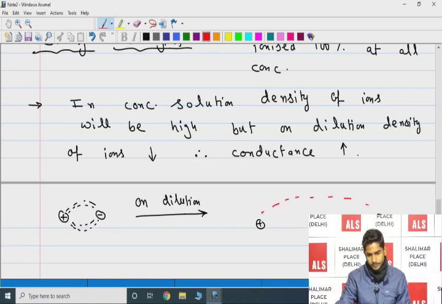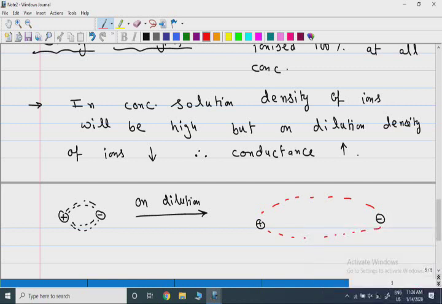Look at this. Obviously, now they are free to move. Please copy. Is this clear to everyone? Okay, good. Copy.